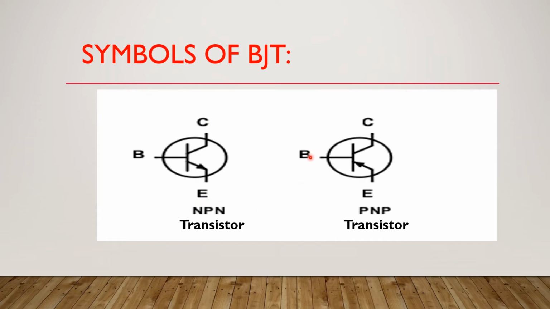Once again, in PNP transistor, B for base, C for collector and E for emitter. So the difference between these two symbols is only the direction of arrowhead. In NPN transistor, direction is away from the junction, and in PNP transistor, arrow is towards junction.